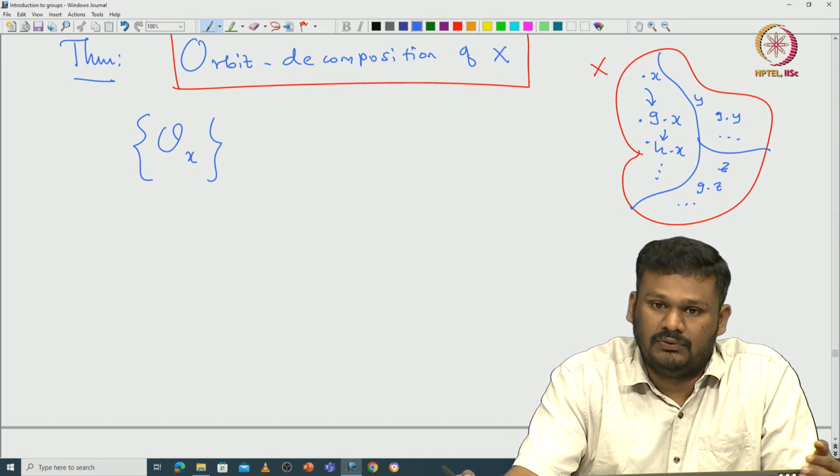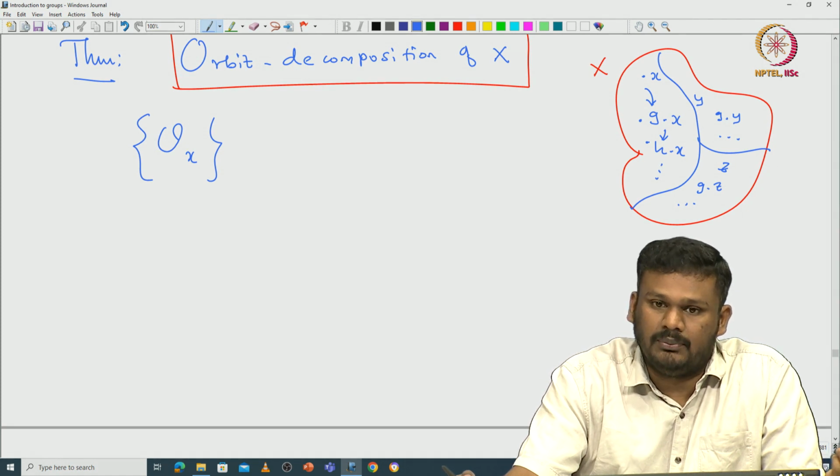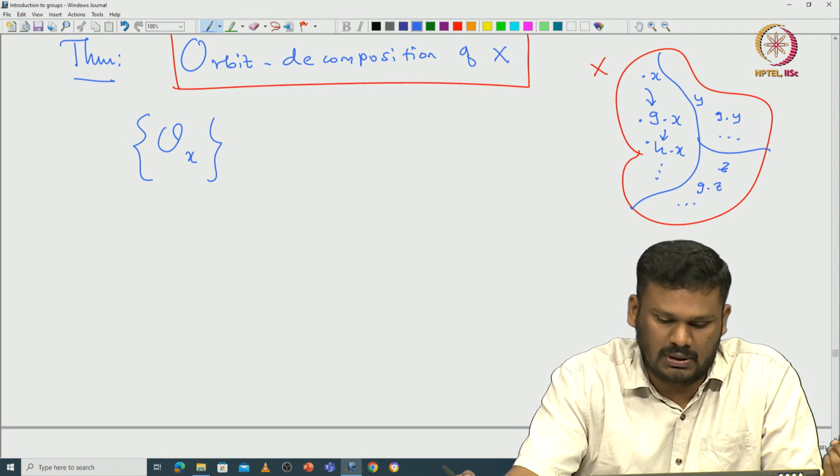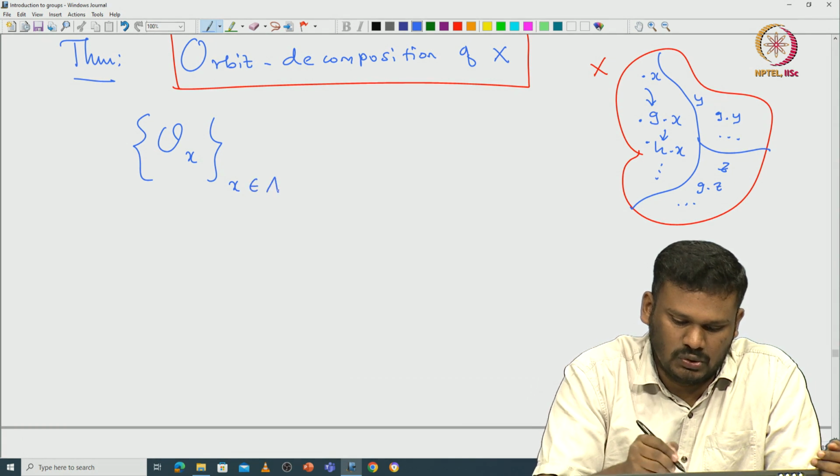From some, we have to choose some representatives of these orbits. So, the representatives you have to choose very carefully, because you want to choose a representative from each and every orbit, exactly one from each orbit. Okay. So, let us say that is chosen.